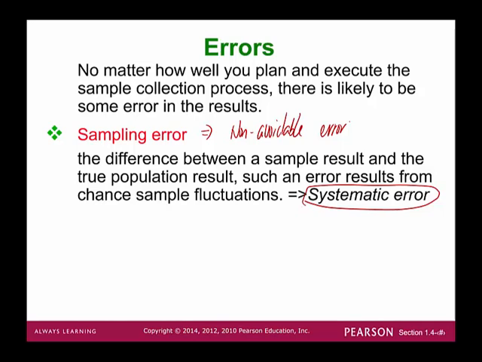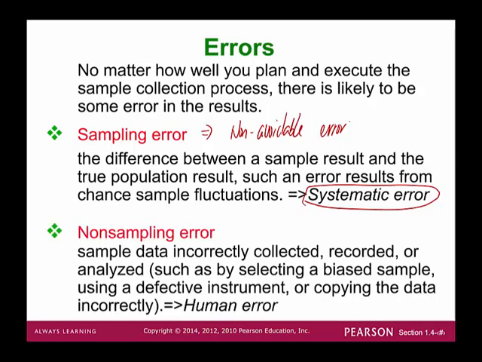No matter how good your sample is, even if you pick a simple random sample, the difference between the sample result and the true population result still exists. This comes from the system, because no matter how good your sample is, it's never as good as the population itself. That's why there's a minor sampling error occurring in the sampling process.